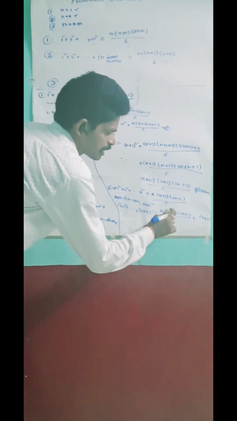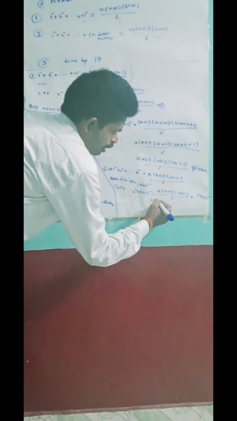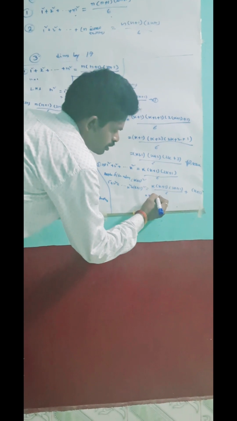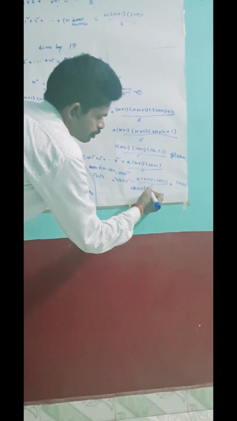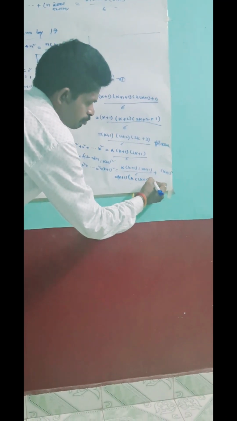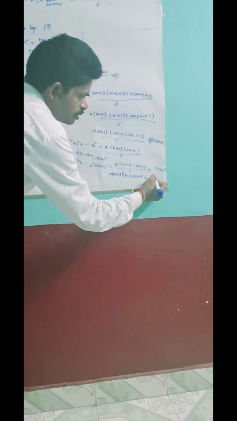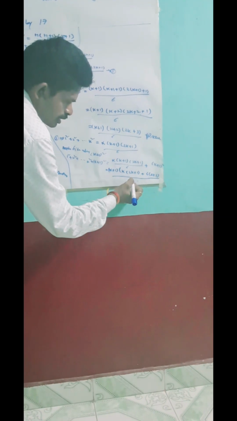చూడండి ఇక్కడ k plus 1 ఉంది, ఇక్కడ కూడా k plus 1 ఉంది. సో k plus 1 కామన్ తీయండి. సో k plus 1 కామన్ తీసాం కాబట్టి ఇక్కడ k into 2k plus 1 ప్లస్ 6 into k plus 1 ఉంటుంది, whole by 6.